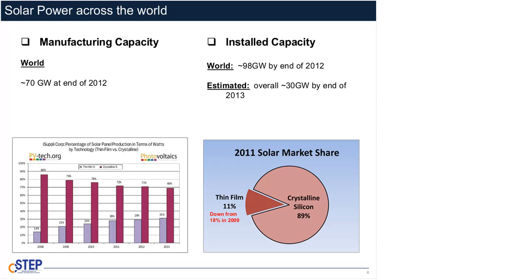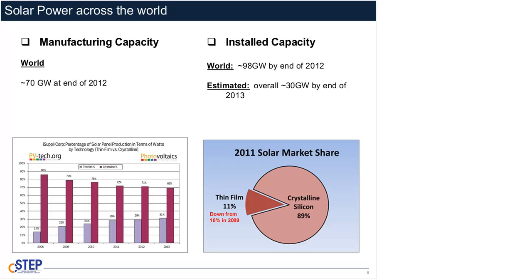So the share increased from 2% to almost 18% in 2009, but the overproduction of polysilicon in the later half of the first decade led to a decline in polysilicon prices, and the thin film share consequently declined from 2009 and came down to 11% in 2011.